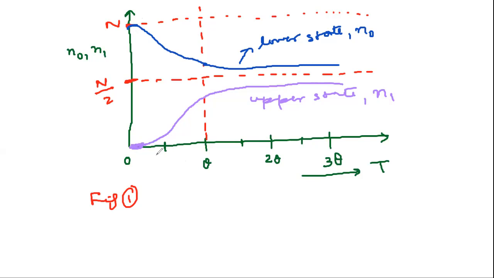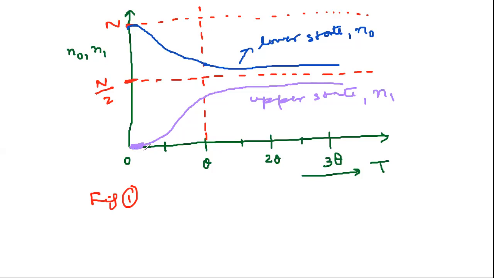That means at the low temperature zone, when the temperature T is much smaller than theta, N0 is N and N1 is 0.